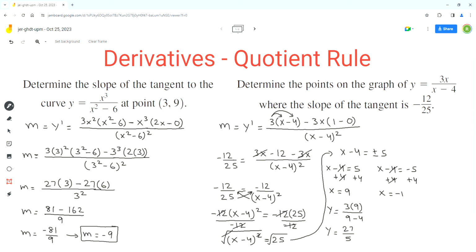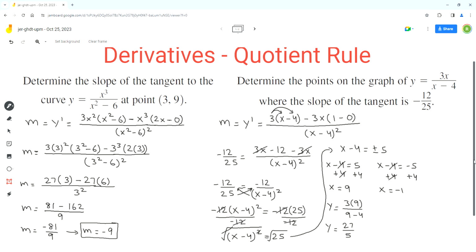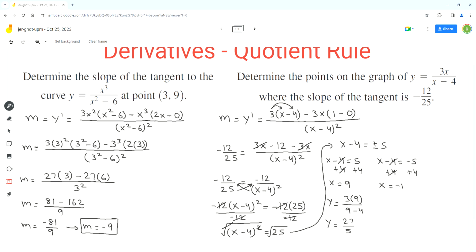So the first point at which the slope of the tangent is negative 12 over 25 is (9, 27 over 5). We cannot reduce this fraction, 27 over 5.